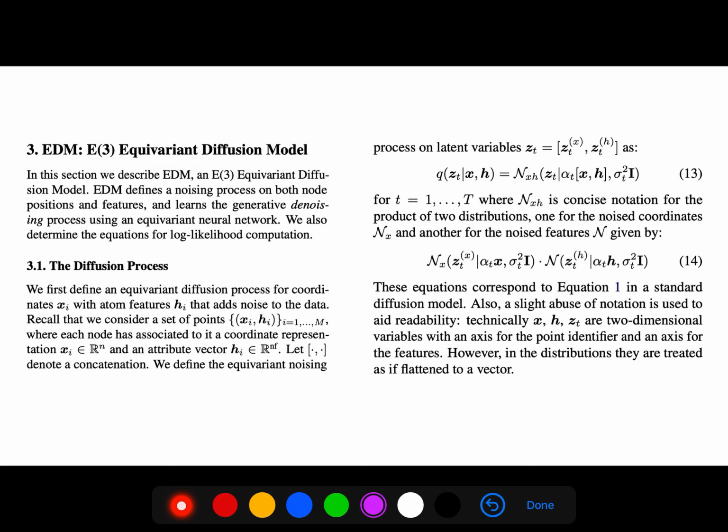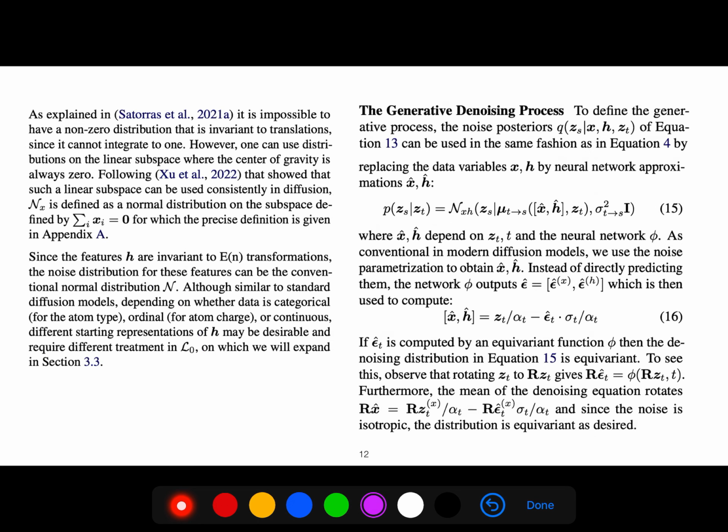And here they say we first define an equivariant diffusion process for coordinates x sub i, and their atom features are h sub i. So they concatenate the atom features and the coordinates. Whenever they have this bracket, it means they concatenate.